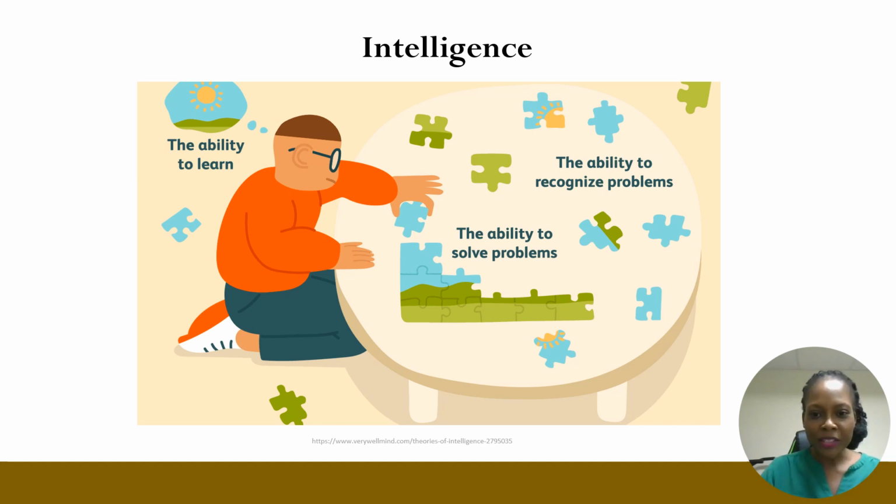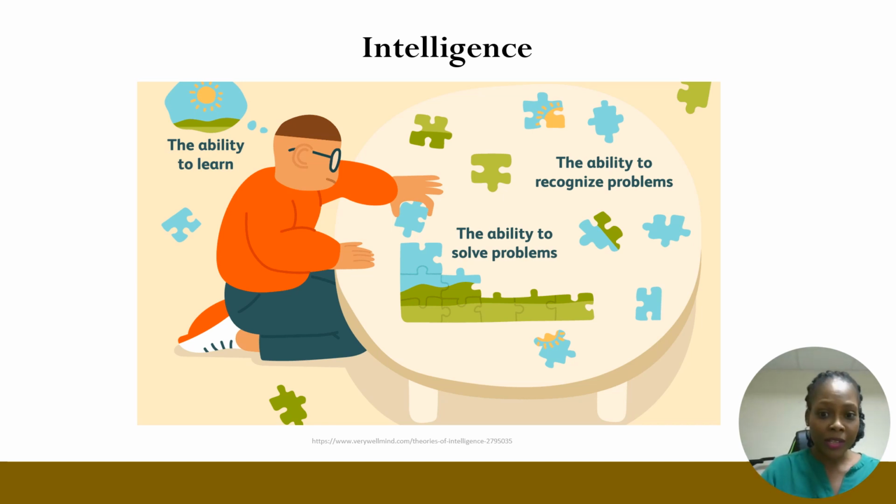In the image, we have an individual who has puzzle pieces in front of him. He recognizes that he has a challenge or a problem in front of him because he has to figure out where each puzzle piece goes in order to solve the puzzle, and in the process, learn how a puzzle is done.